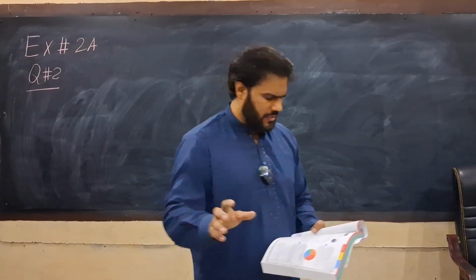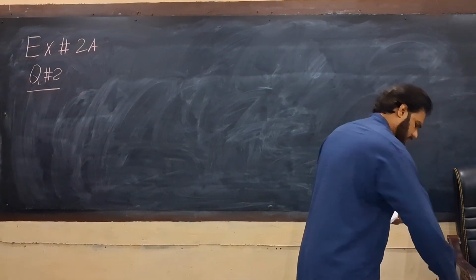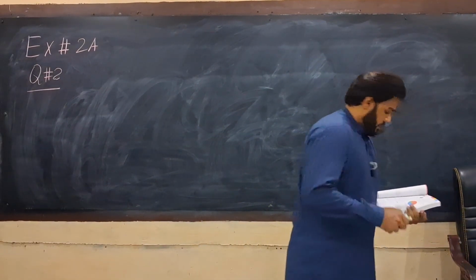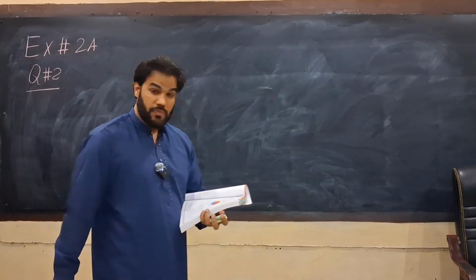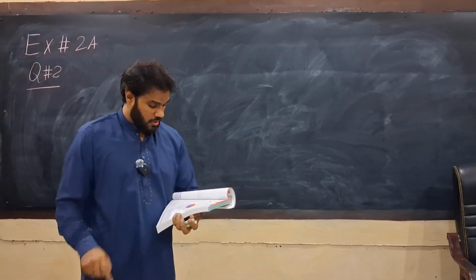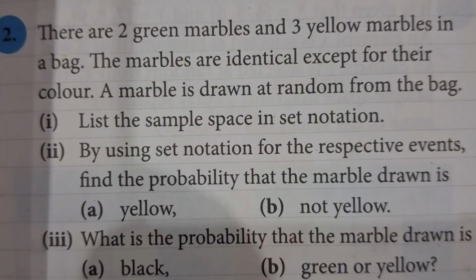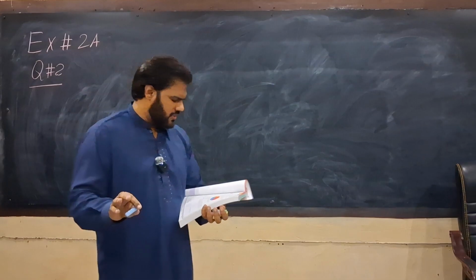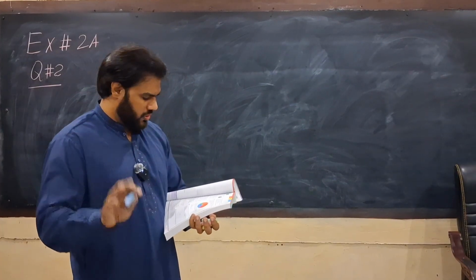So these are very nice and easy to understand problems. I hope you have this book. Otherwise, I am sharing the question on screen. You can first read the question, then we will solve this. Question number 1 is very easy, and after these two questions, I hope you can do question number 1 by yourself.